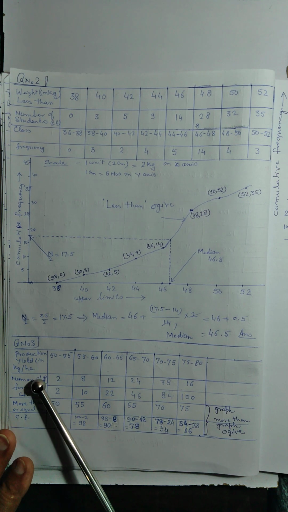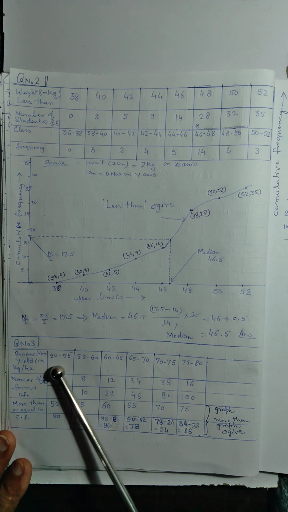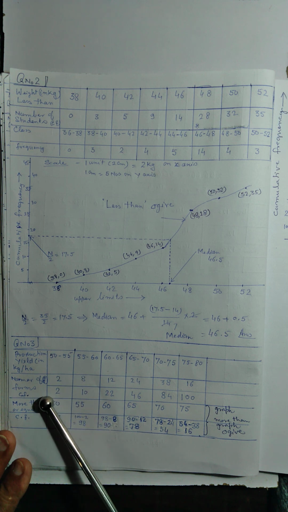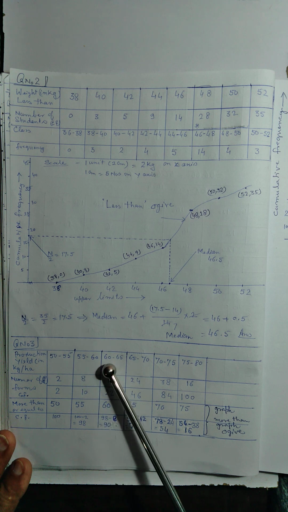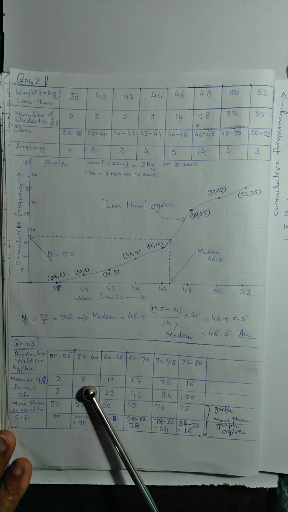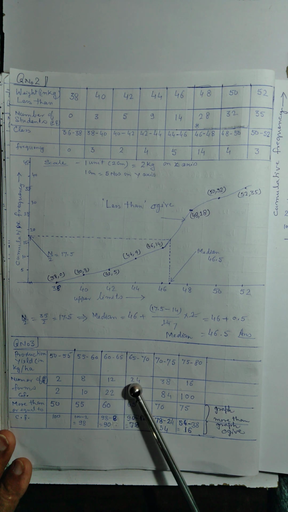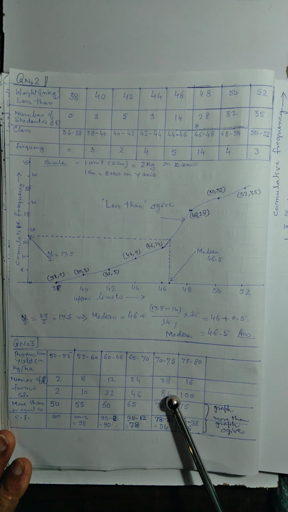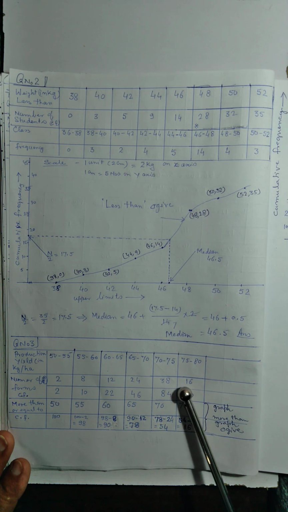Production yield in kg per hectare: 50 to 55 kg, number of farms is 2. 55 to 60 kg, number of farms is 8. 60 to 65, that is 12. 65 to 70, that is 24. 70 to 75, that is 38. 75 to 80, then 16. So these are the frequencies.